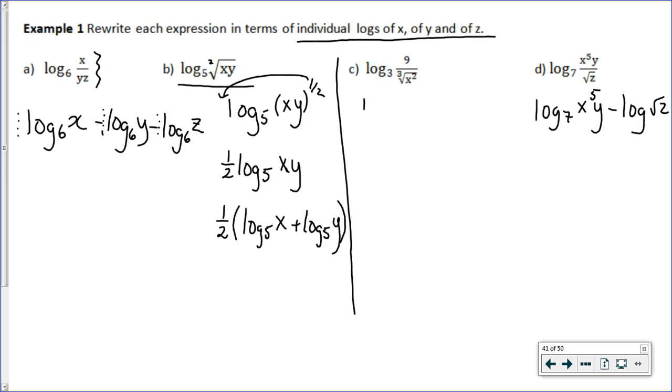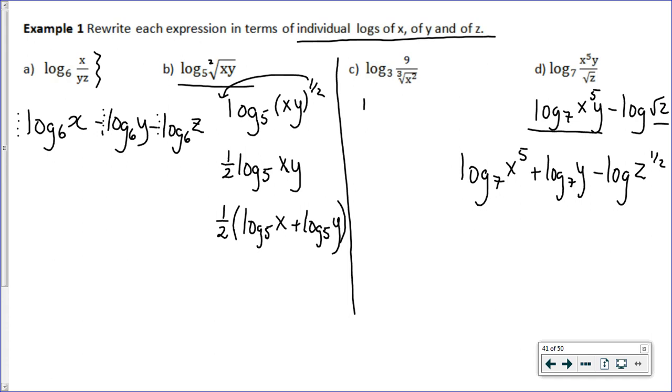And I would separate this first logarithm into log base 7 of x to the 5th plus log base 7 of y minus log, and instead of rewriting root z, I might write z to the power 1/2. And then in the last step, I'm going to apply the power law of logarithms and drop this in front, as well as here, that 1/2.